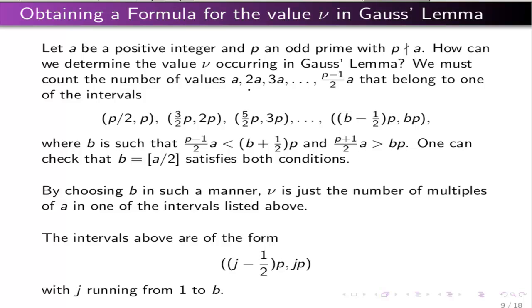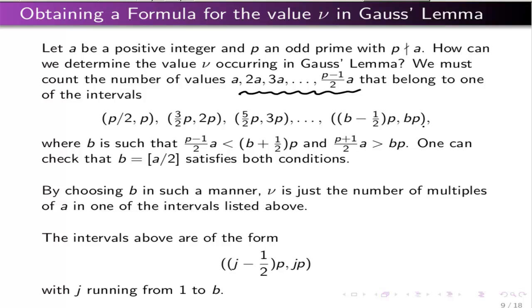Okay, now these are actually positive integers we're looking at right here. So that means if under reduction they're between -p/2 and 0, the actual integer values have to belong to one of these intervals, between p/2 and p, 3/2 p and 2p, 5/2 p and 3p. So these are the intervals where when you reduce them, they become negative.